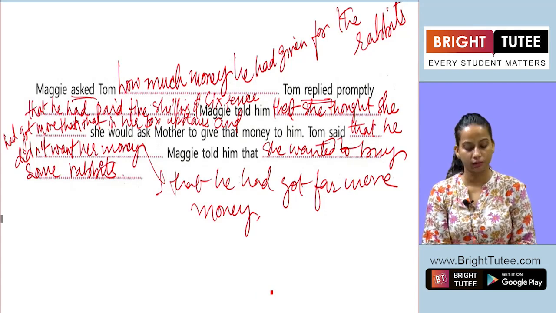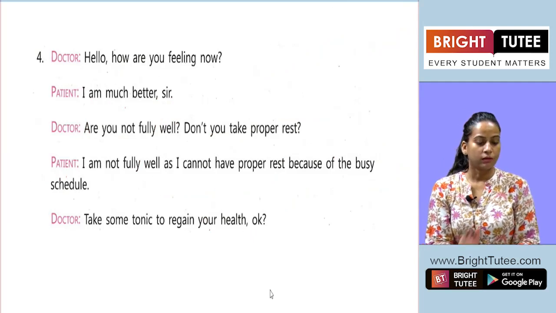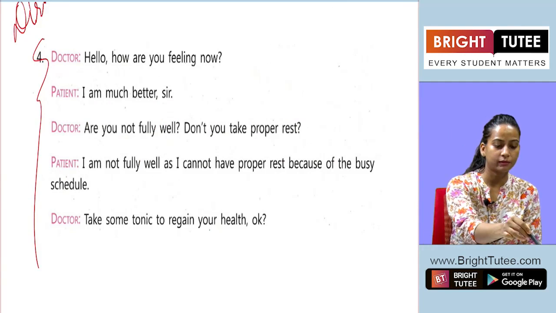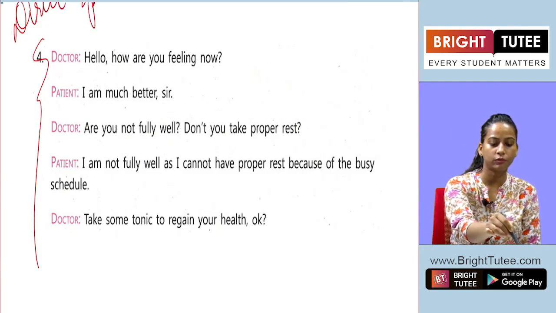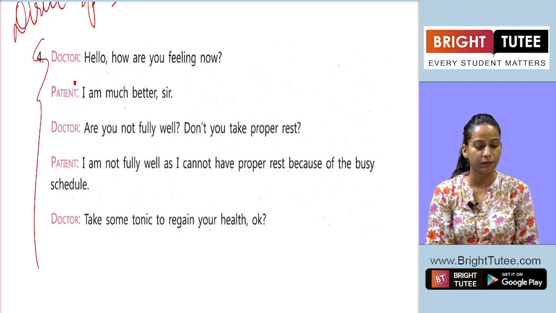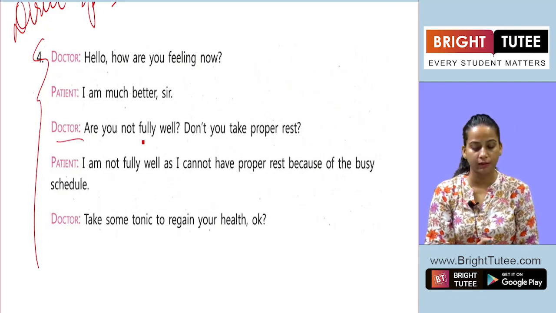Now we are going to take another one. The next part of this is a conversation between doctor and patient given in direct speech, and we have to change it into indirect. Doctor, hello, how are you feeling now? Patient, I am much better, sir. Doctor, are you not fully well? Don't you take proper rest?